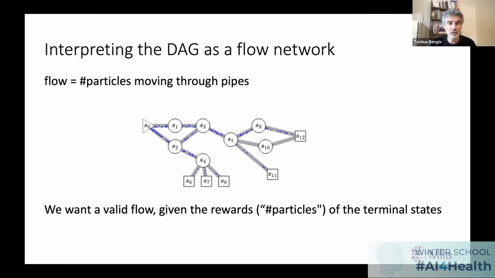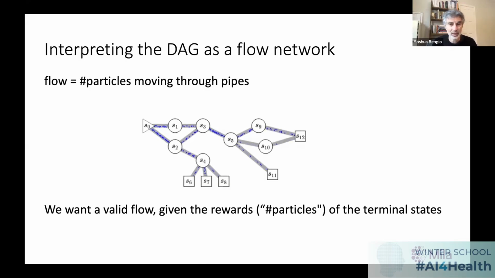And we can train a neural net that is going to calculate how much flow should be everywhere, given that we know how much flow should be in the terminal states. So, and we know that because we have a reward function that says, well, for this molecule, this is how much you would get. So we can query that function and we can sample trajectories corresponding to constructing a molecule.